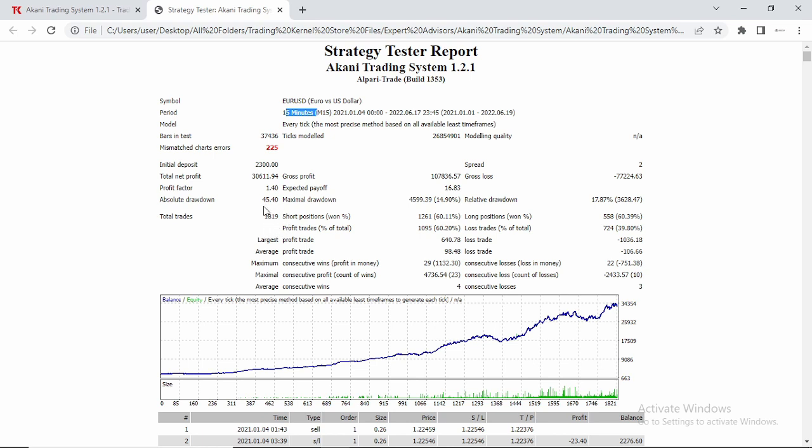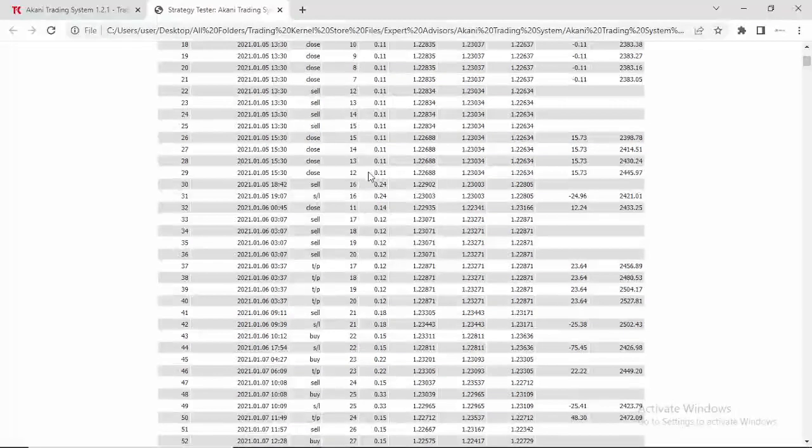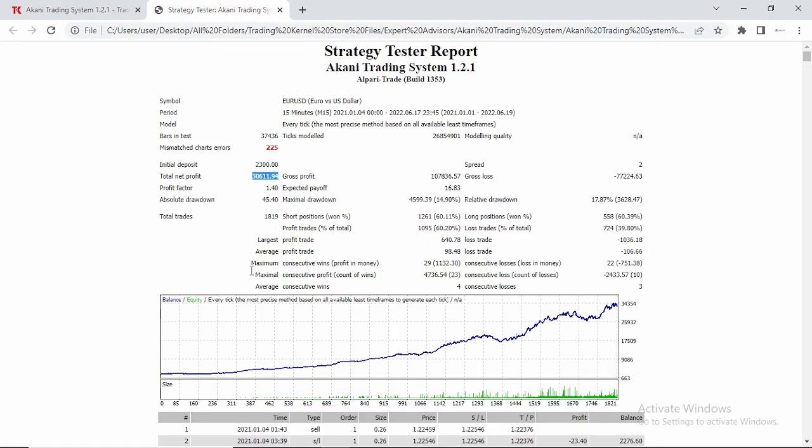Because of the newly integrated strategy, we now have a total of 1,819 trades since 2021, and we have a drawdown of 14.9%, which remains the same, and a profit of about 1,300%. We started with a deposit of $2,300 and had a total net profit of about $30,000. This backtest is from 2021 till date. You can see how smooth the graph is.